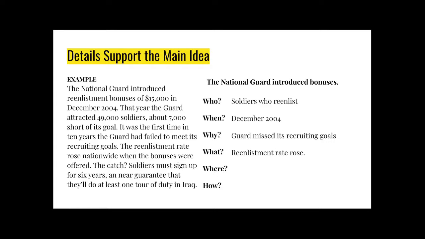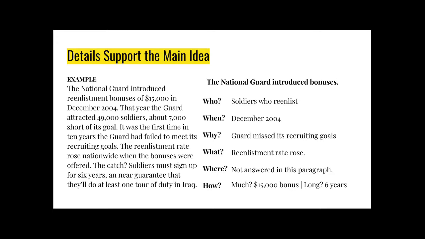They instituted the bonus, and as a result, re-enlistment rates rose. Where? That particular question is not answered in this paragraph. And then finally, how? Well, how much was the bonus? $15,000. And how long was the re-enlistment? For 6 years.